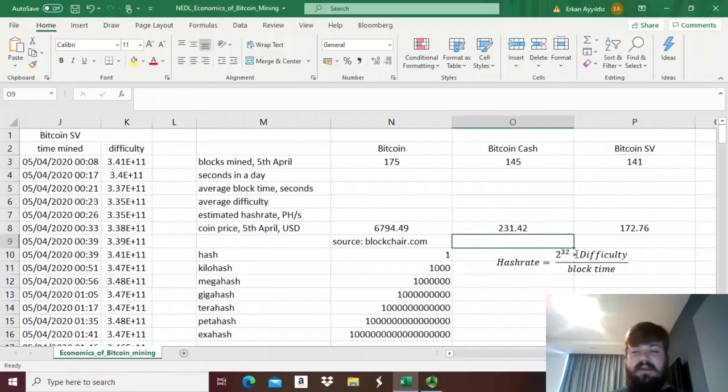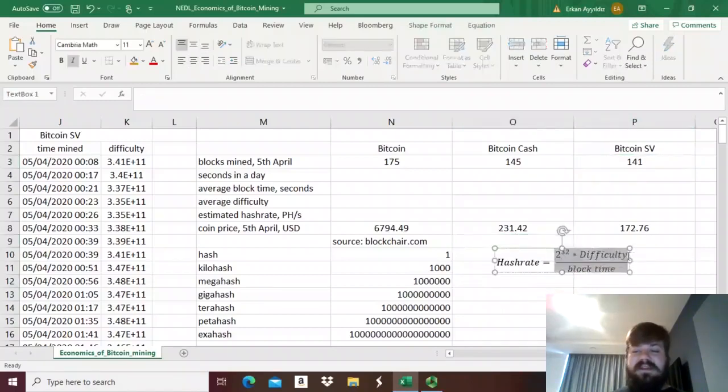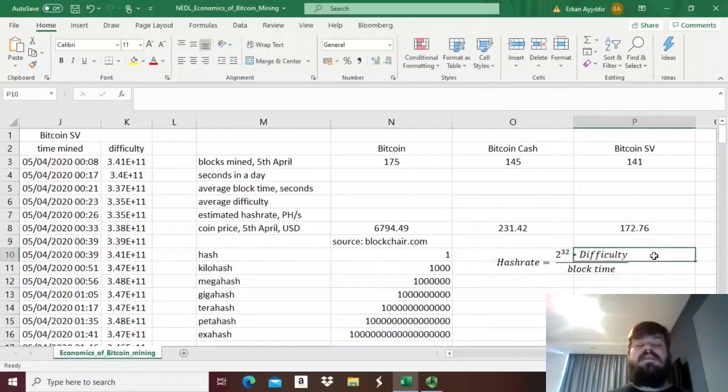What it says is, well, the more difficult it is to mine, the higher the hash rate is for a given block time, because if the blocks appear at exactly the same frequency, but with more difficult cryptographic tasks to be solved, then it means that there is more computational power dedicated to the network at a particular time.